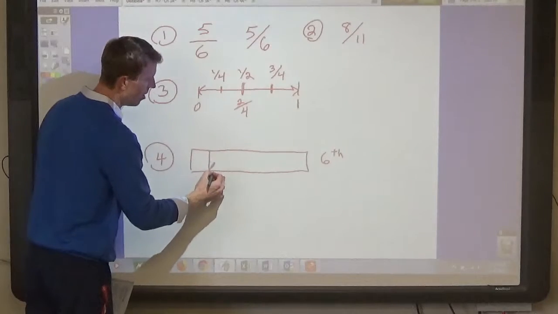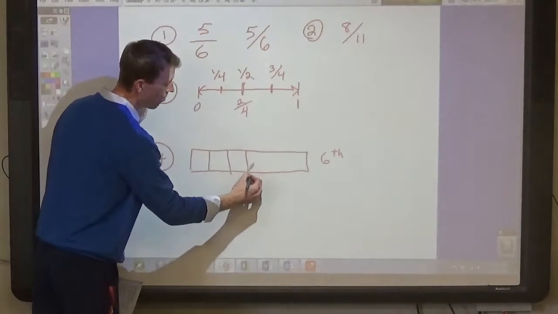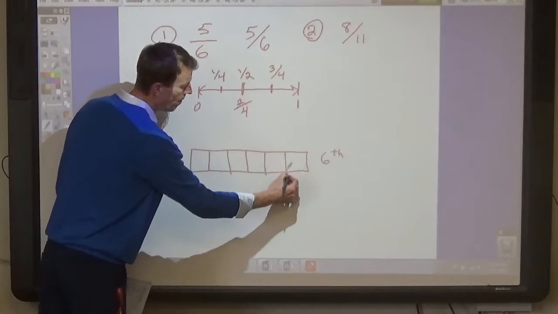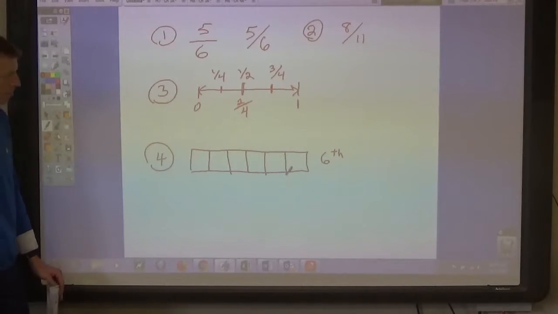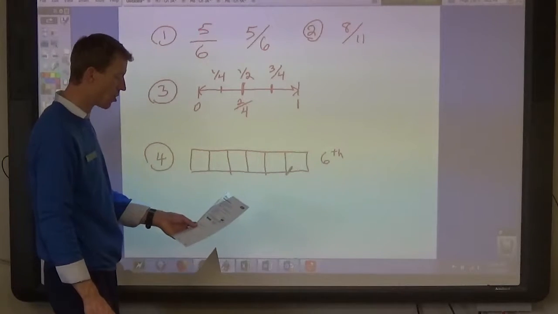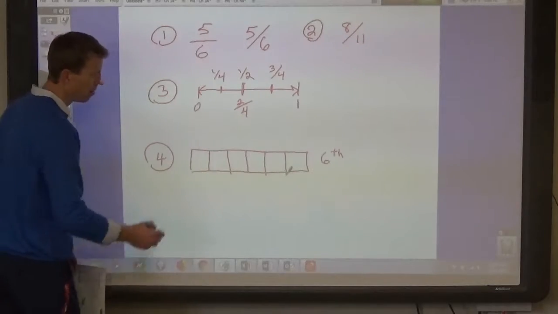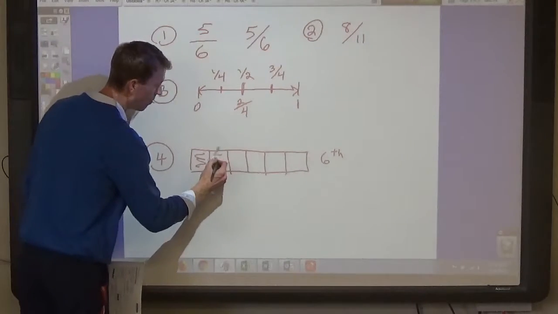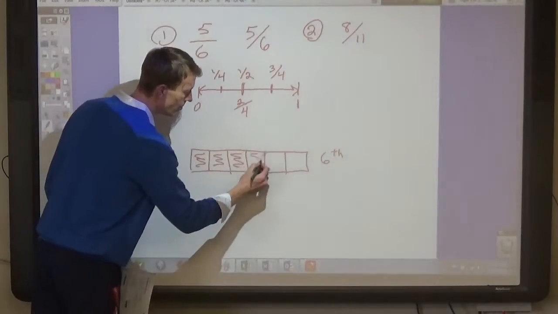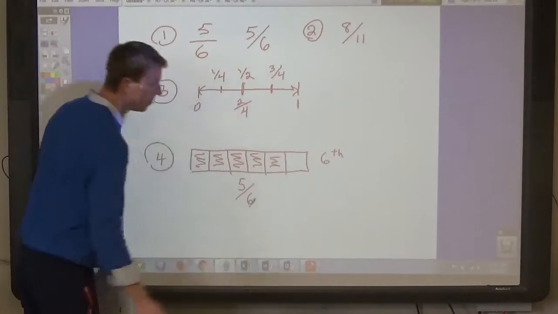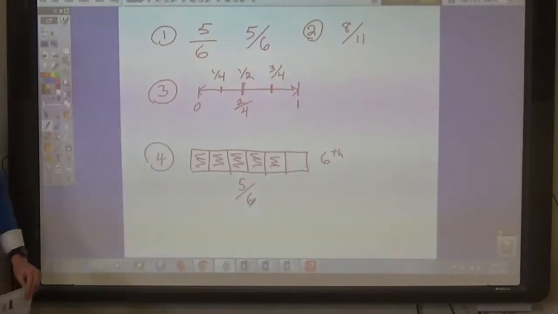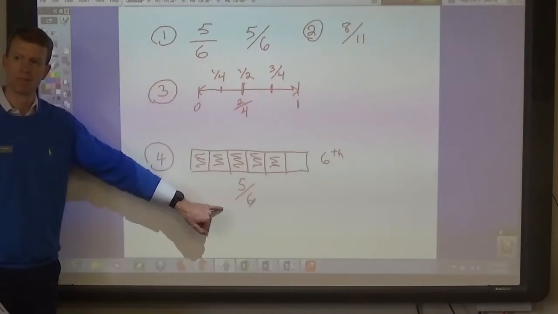So, 1, 2, 3, 4, 5 lines. Cut it like that. Okay? And then it says to show 5/6, so then shade 5 of them. And that equals 5/6. Okay? Make sure you label your drawing.